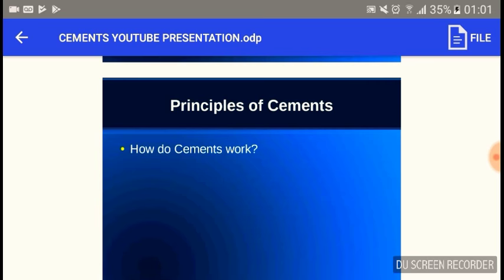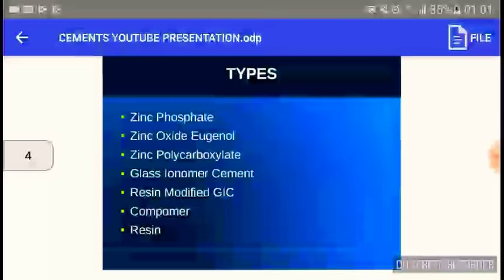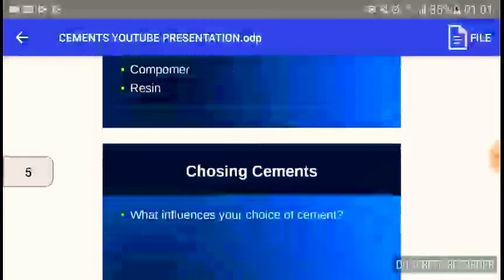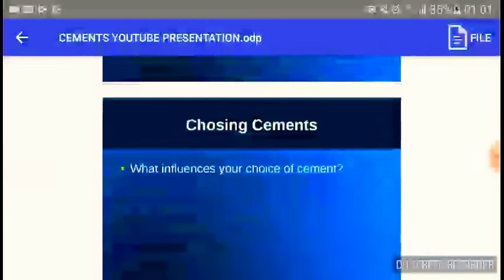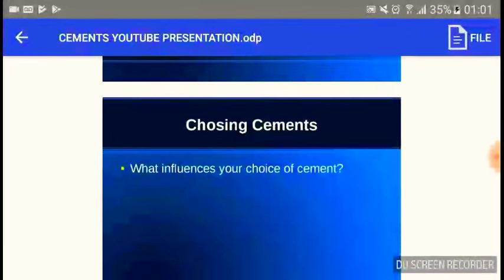So the types of luting cements, the cements that are used for sticking, this is just a list of the cements that we would use. But as I mentioned, the cements required for luting should have certain properties, whether it be thermal and electrical insulation, resistance to displacement, resistance to fracture.